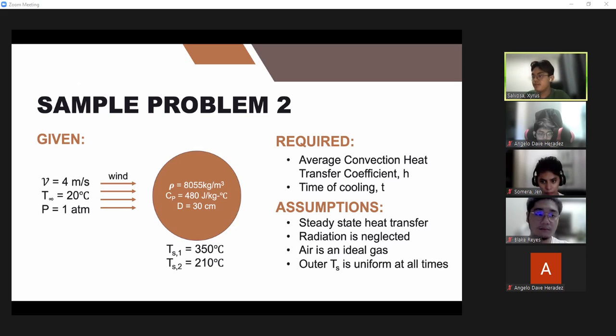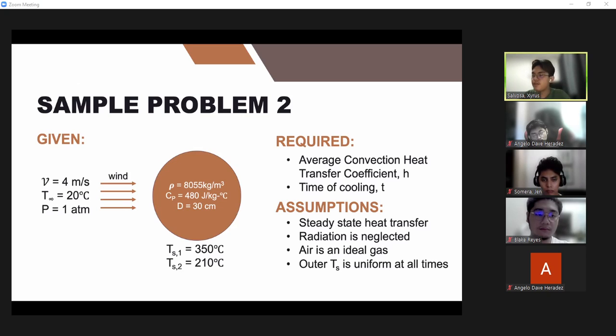The density and specific heat capacity of the sphere were also given, which are 8,055 kilogram per cubic meter and 480 joules per kilogram degree Celsius, respectively. Lastly, the surface temperature of the sphere after cooling was given with a value of 210 degrees Celsius. We are required to solve for the average convection heat transfer coefficient and the time of cooling.